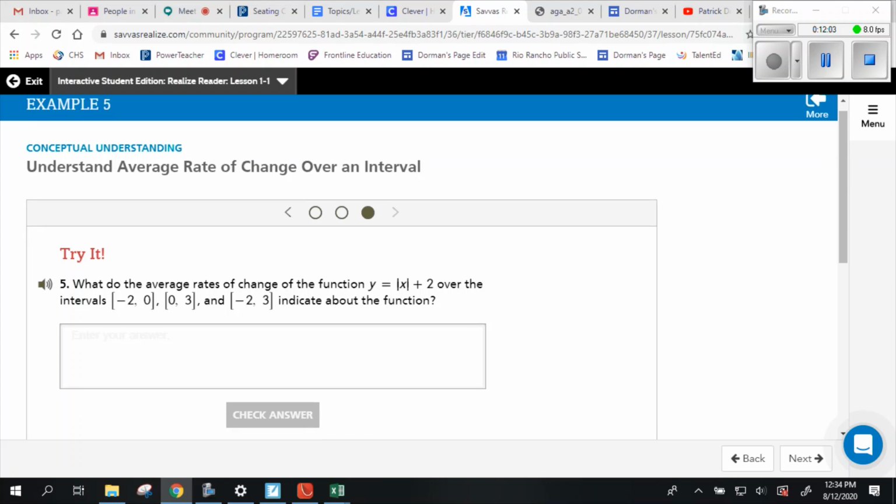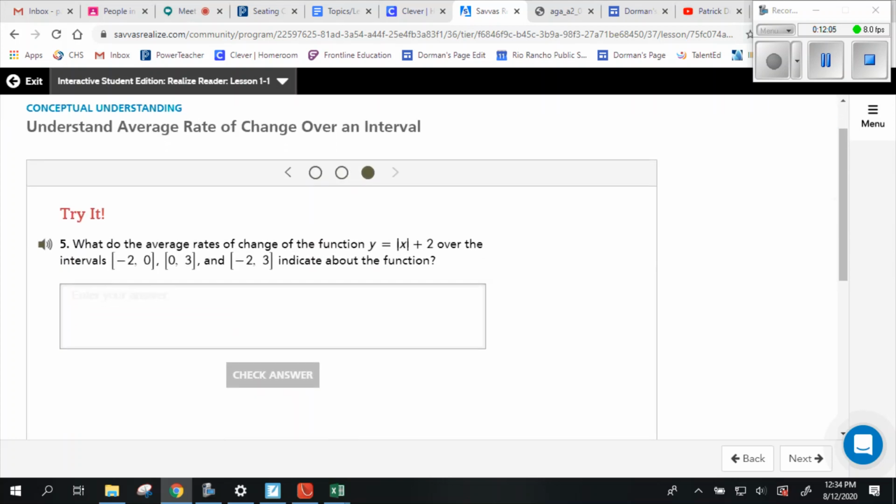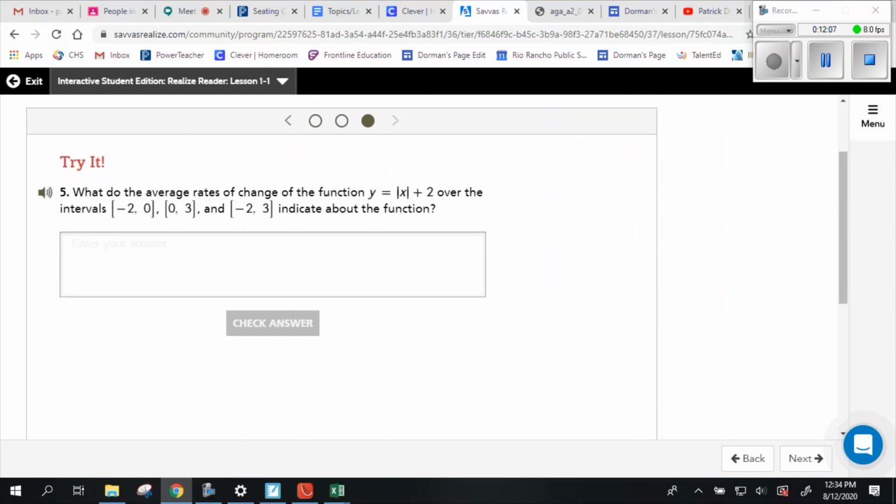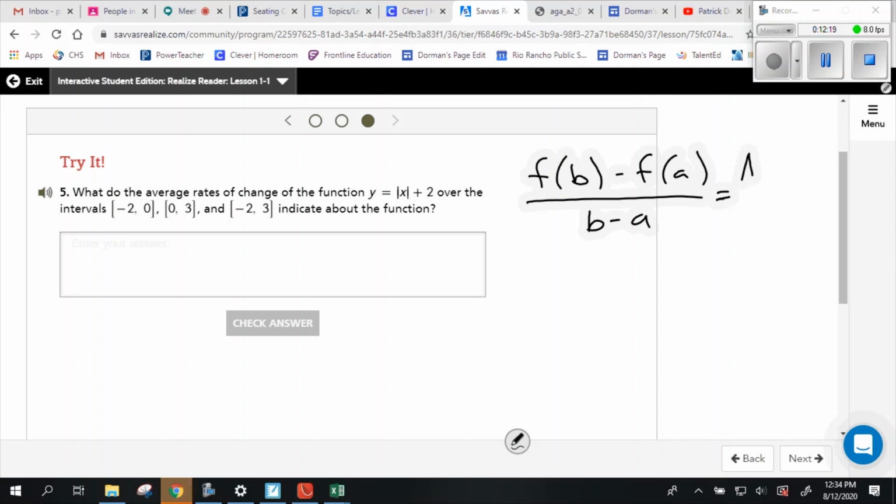It says that f of b minus f of a over b minus a is our average rate of change. Okay? That's how we're going to get that. Well, we've got a couple intervals to do, actually 3. We've got a bunch of work ahead of us. We're going to have to first identify some things.